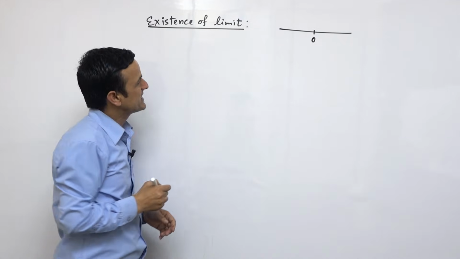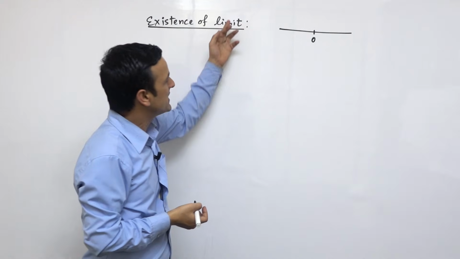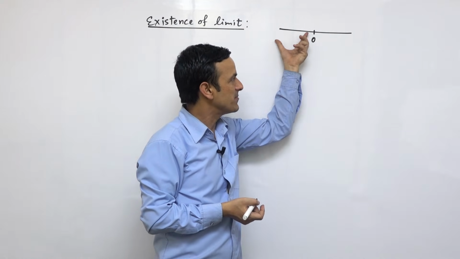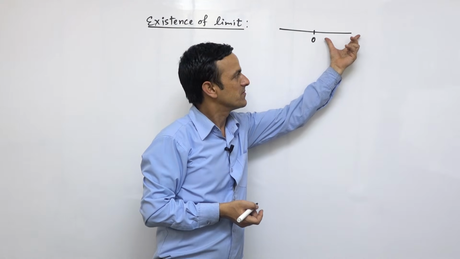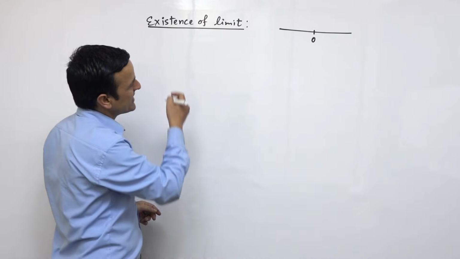Otherwise it is not a limit, and limit does not exist. So for existence of limit, left hand limit and right hand limit must be equal. Otherwise, it will not exist.